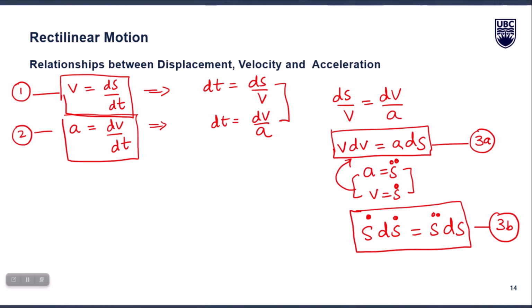So we have to solve them in a specific way, right? For example, if I give you acceleration and ask you to determine velocity, you need to integrate acceleration to determine velocity, right? And similarly, if I give you the displacement of a particular particle and ask you to determine velocity, you have to differentiate that, right?